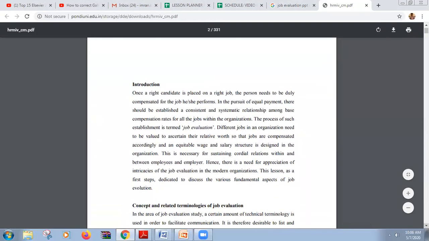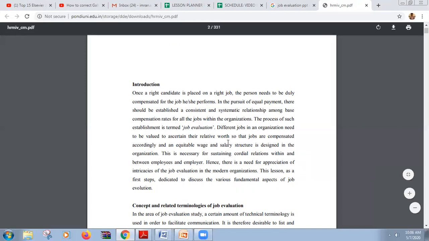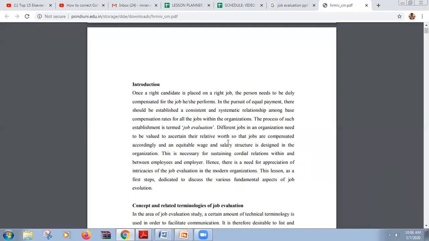As I told, once the right candidate is placed on the right job, the person needs to be duly compensated for the job he performs. In the pursuit of equal payment, there should be an established, consistent, and systematic relationship between base compensation rates for all the jobs. This process is known as job evaluation.